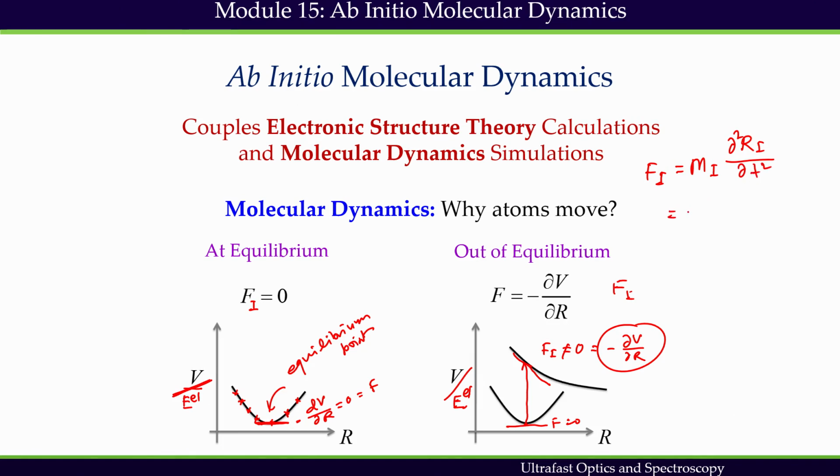This can be calculated from this expression: electronic wave function r, the first derivative of the Hamiltonian with respect to R i, psi electronic wave function r.